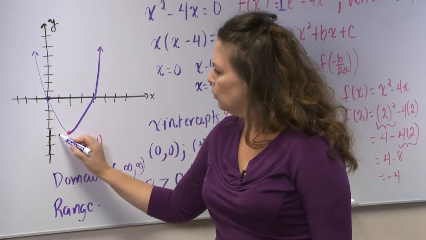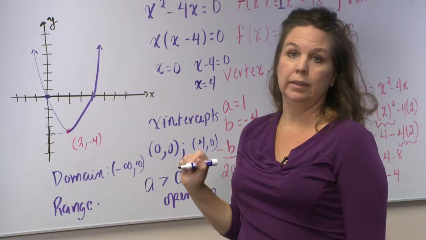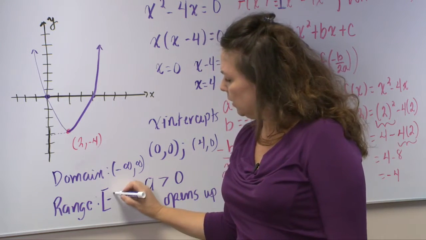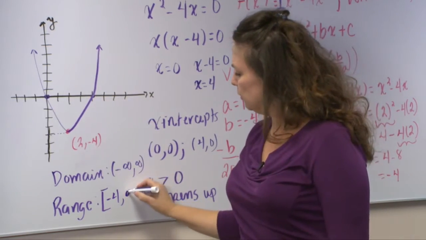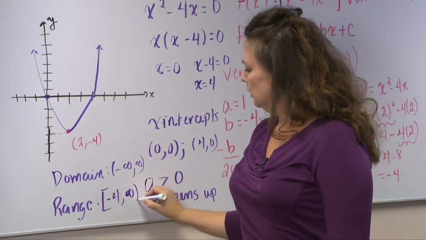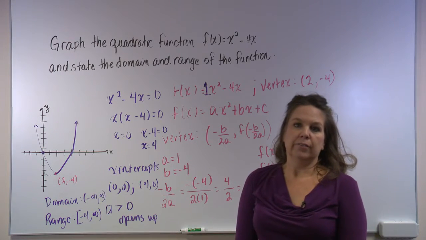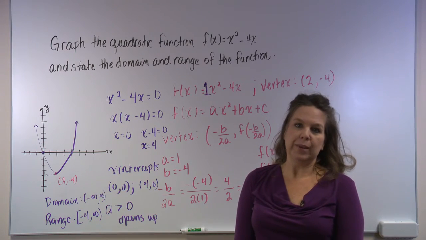So the smallest y value I have is the -4, and that point is included on the graph. So I'll use a square bracket at -4, and then the graph is going up forever, so -4 to infinity. That is the graph of the function f of x is equal to x squared minus 4x, along with the domain and range.